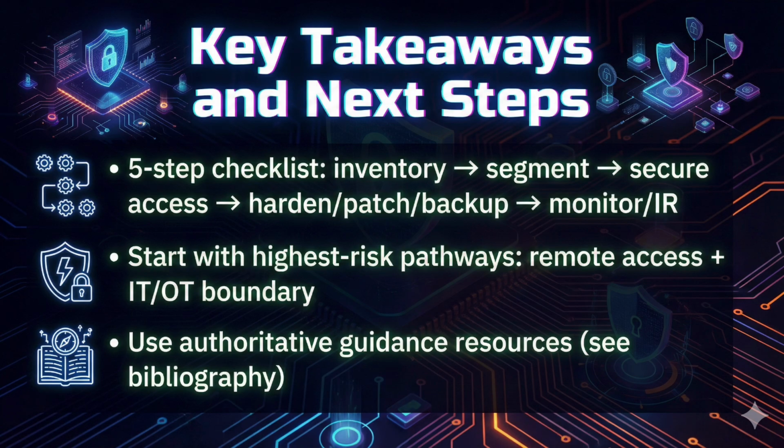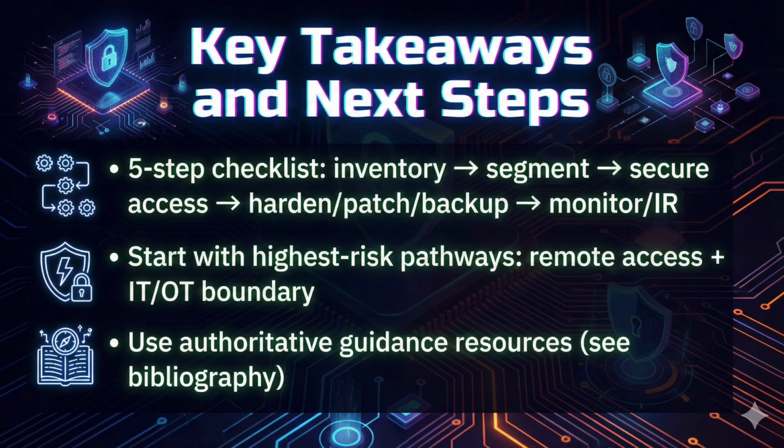Third, lock down identity and remote access with least privilege, MFA, jump hosts, and session logging. Fourth, harden and maintain systems with safe patching, allow listing where appropriate, and reliable backups of configurations and controller logic. Fifth, build monitoring and incident response that's OT aware. Baseline normal behavior, train the SOC, and rehearse recovery.